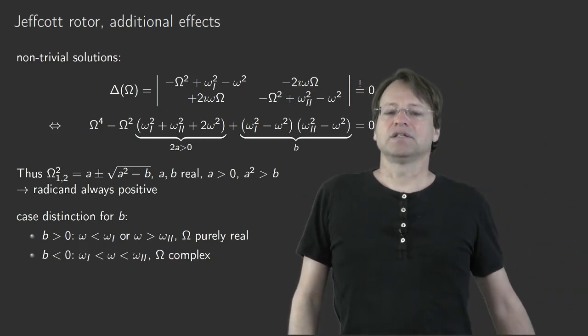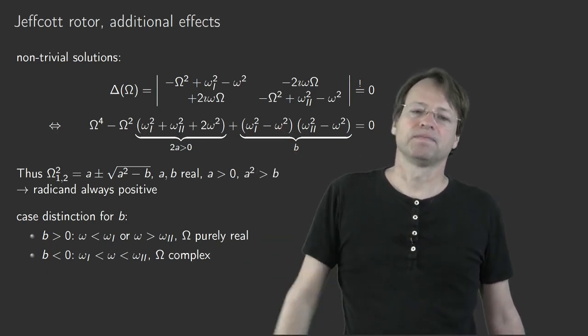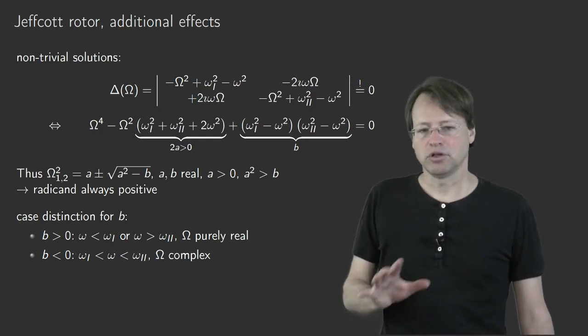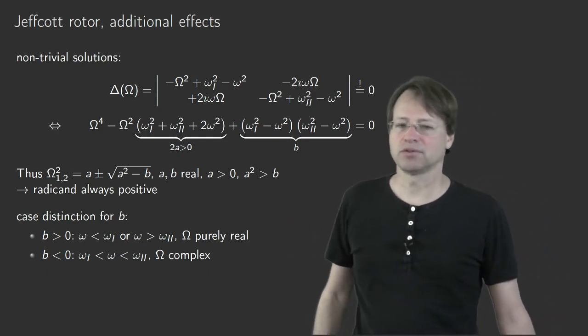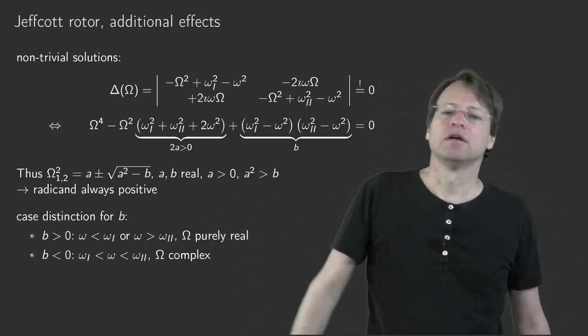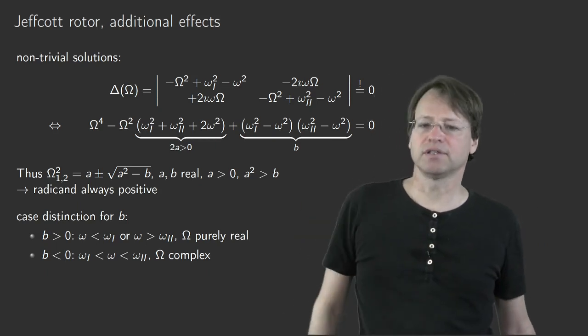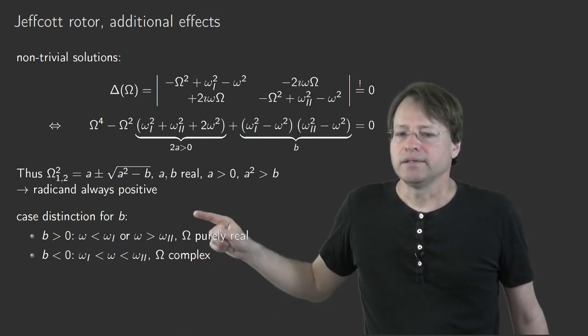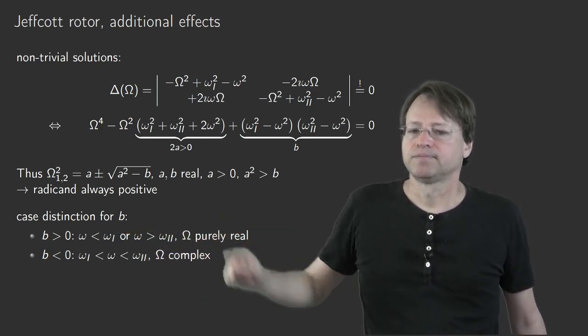In the indefinite case, so when we are in between the first and the second critical speed, we should avoid that range. So you should really pass quickly through these two resonance frequencies that are usually very close together. Then b is negative.